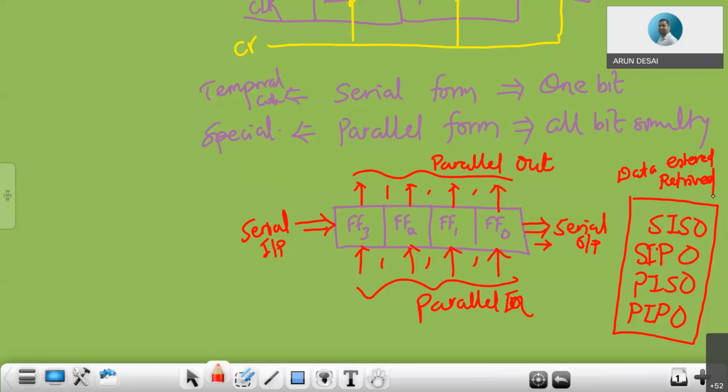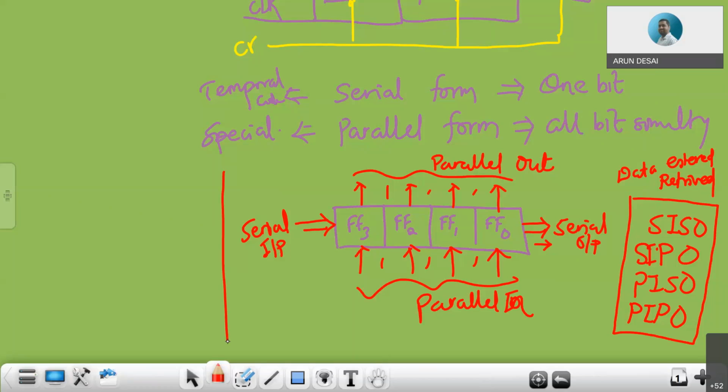This arrangement depends on how you enter the data and how you retrieve your data. You can also classify the register based on its application.